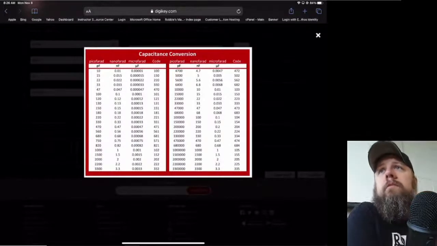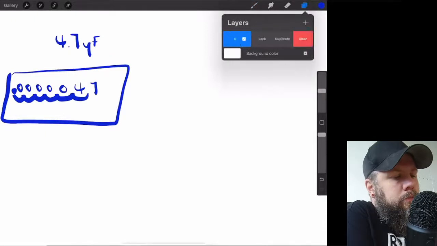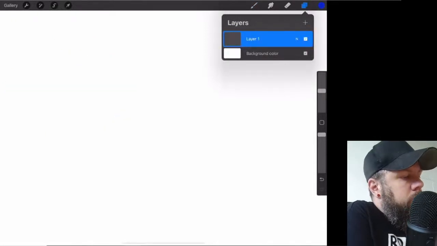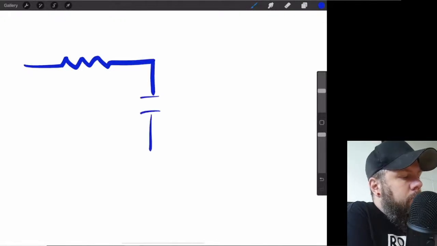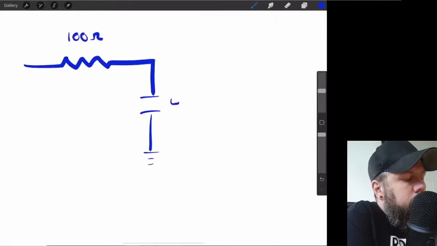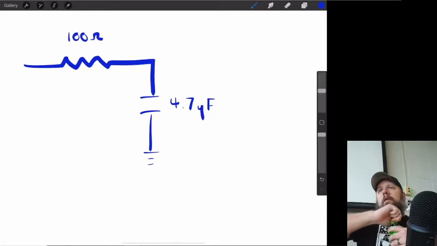Okay. So I want y'all to get a piece of paper. And I want y'all to find the cutoff frequency for that circuit right there.